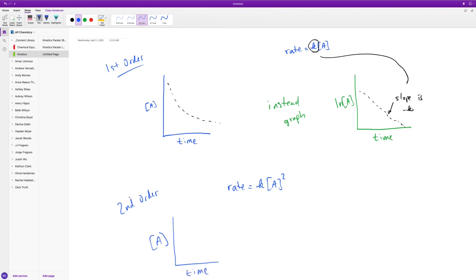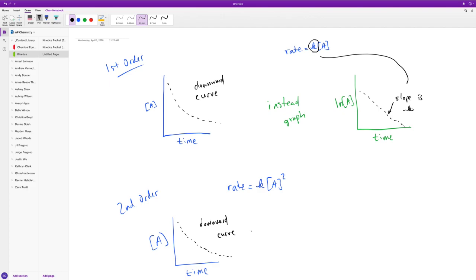It might look kind of similar, although careful inspection, you'll see that this curve is a little bit different type of curve than this one, but they're both curves, like downward sloping curves. Right, where you're getting less and less of the stuff over time. But this curve is actually a different type of curve.